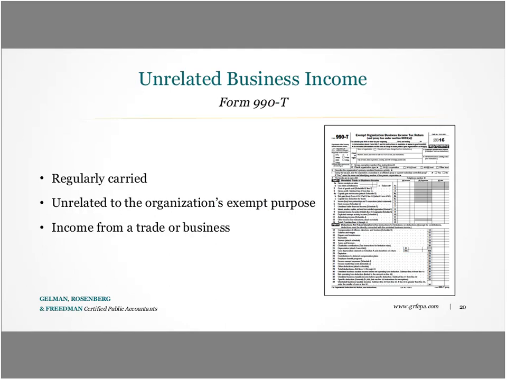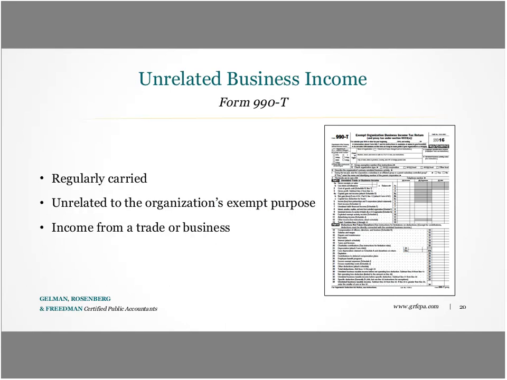Thank you, Jana. So I'm going to talk briefly about unrelated business income, Form 990T. As a not-for-profit organization, generally most of our revenue is not subject to income tax because it's being used and generated through an exempt activity, through a charitable activity.